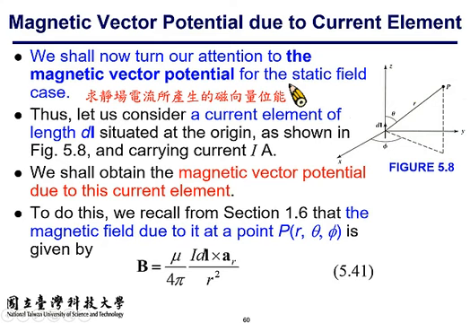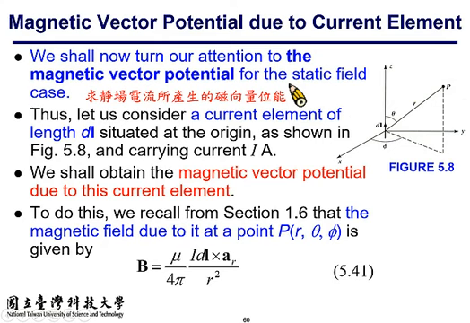And they are inversely proportional to the square of the distance. And they are proportional to the source. So B is proportional to the amount of current, I, and E is proportional to the amount of charge, Q.